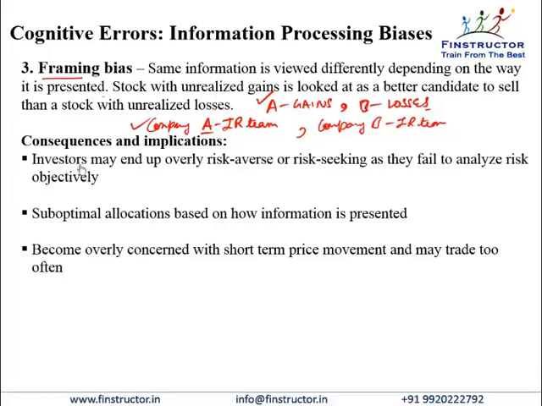So if investors suffer from framing, they may end up overly risk averse or overly risk seeking. Because they are not analyzing the risk and return to make their decisions, they are trading more on the way information is presented. So portfolios eventually could go either way, could be highly risk averse or highly risk seeking.